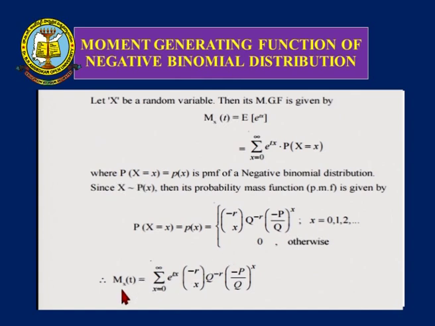Therefore, the moment generating function of this negative binomial distribution is equal to summing over x equal to 0 to infinity e to the power of tx into (minus r choose x) into q to the power of minus r into (minus p by q) all to the power of x.